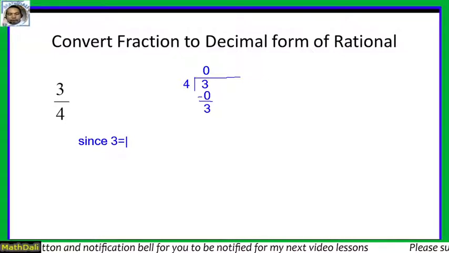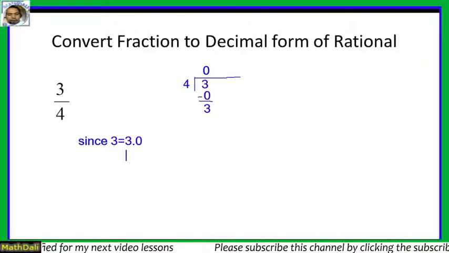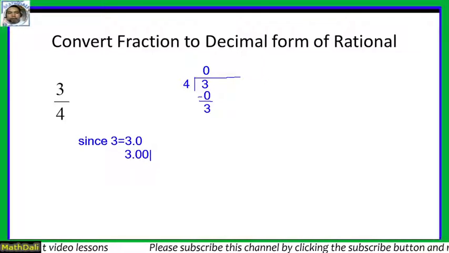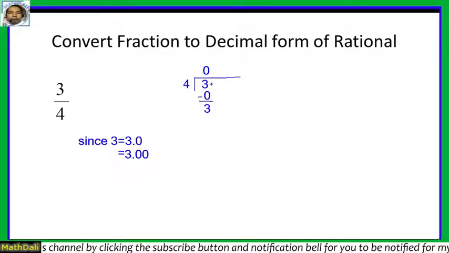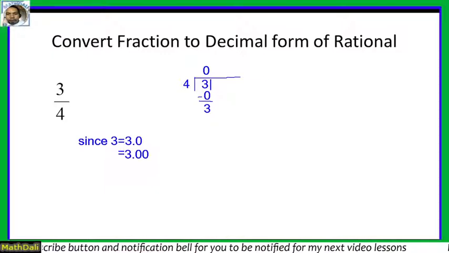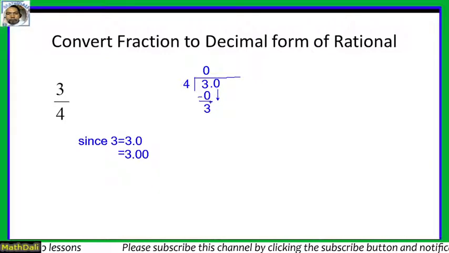The same pa rin yung value niyan sa 3.0, or 3.00. Same pa rin yung value nitong 3 na to. Okay, so pwede tayong magdagdag dito ng ating decimal. So that will be 3.0 muna. Okay, bring down muna natin yung 0.